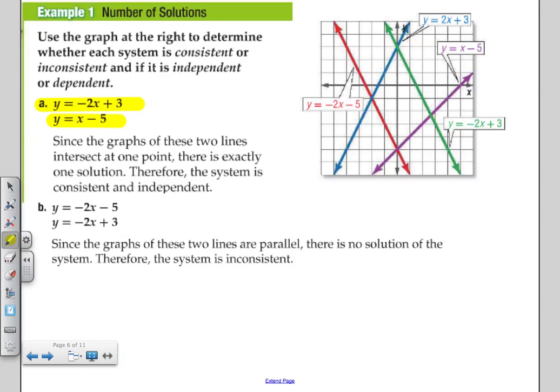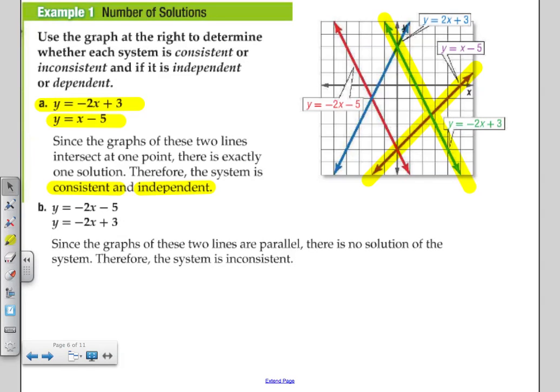If we look at this graph, y equals negative 2x plus 3 is the green line right here, and y equals x minus 5 is the purple line here. They intersect at just one point. Therefore, you would describe them as consistent and independent.